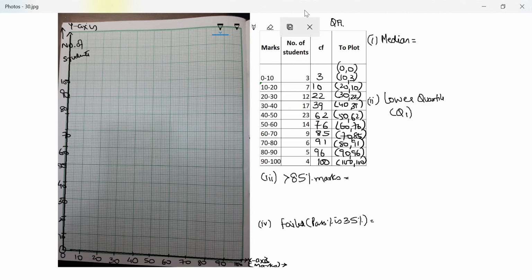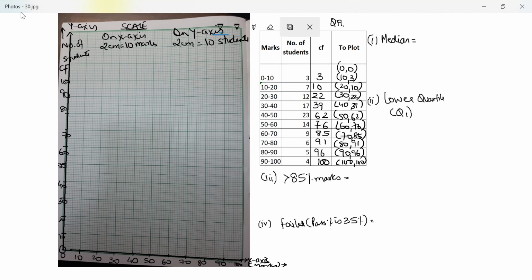Perfect. Going up on this side, the only thing remaining is my scale, which is on the x-axis 2 centimeters is equal to 10 marks and on the y-axis 2 centimeters is equal to 10 students, and I have plotted cumulative frequency of number of students.